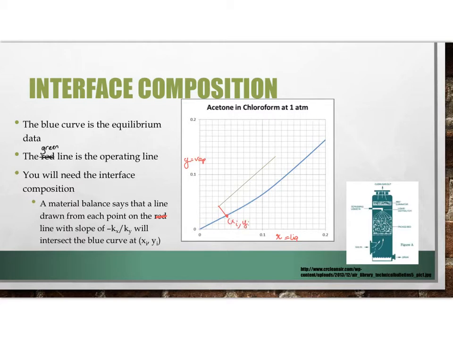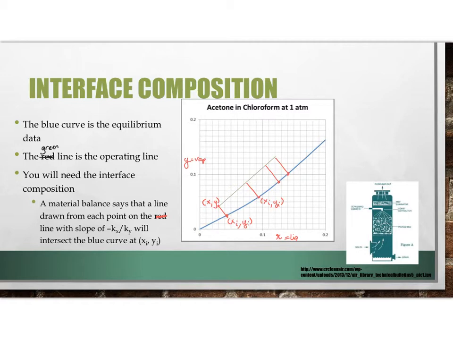And I could do that for that same slope at a variety of points, and these would be a set of xi, yi's along here. Now the point at the top is going to be an x, y point.